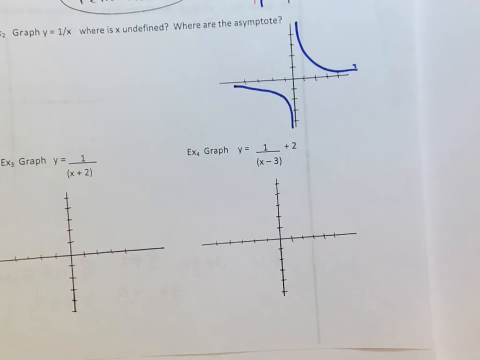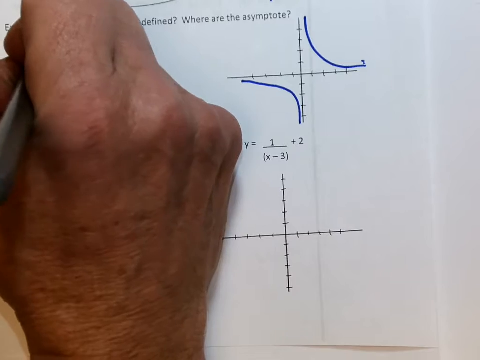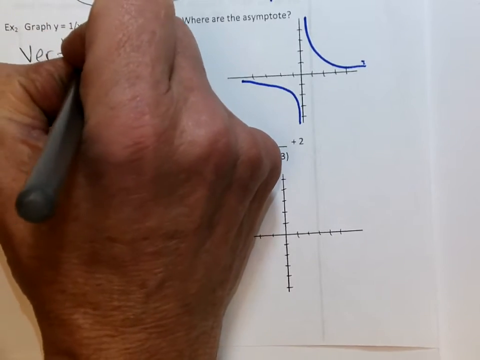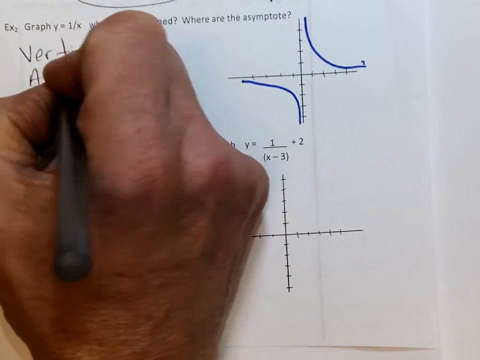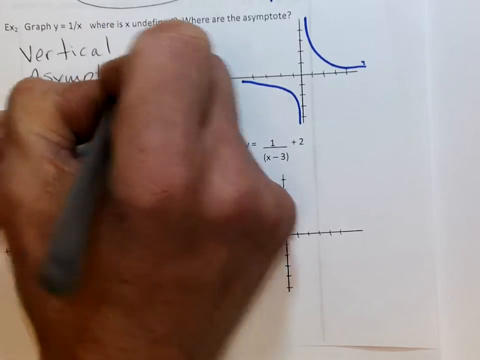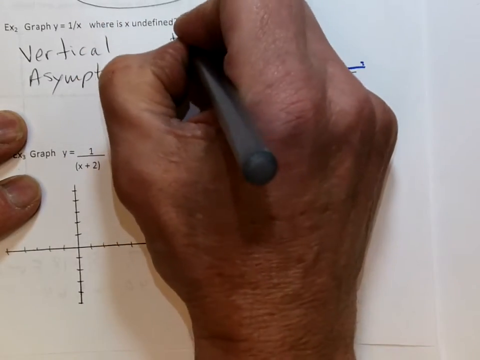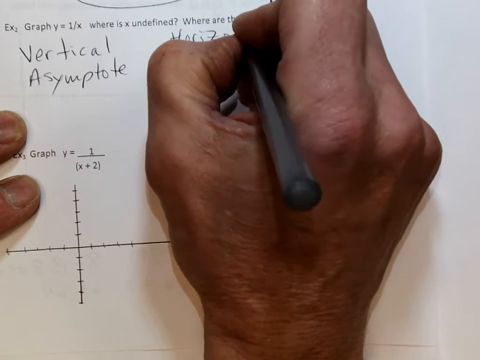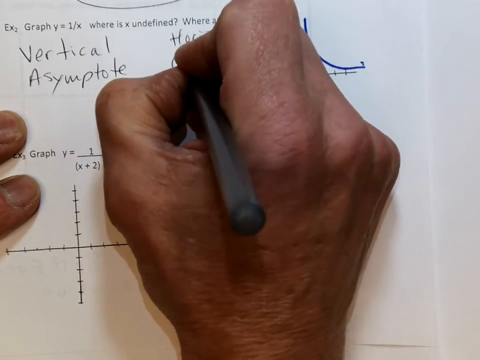That's what it looks like. And it does have asymptotes, okay? This one has asymptotes. It has a vertical asymptote, and it also has a horizontal asymptote.